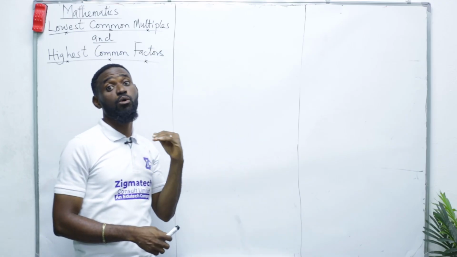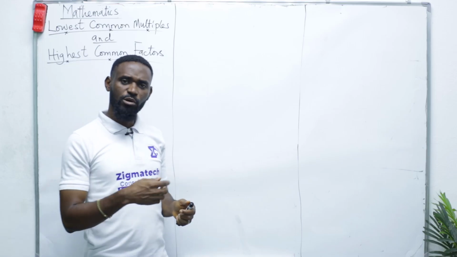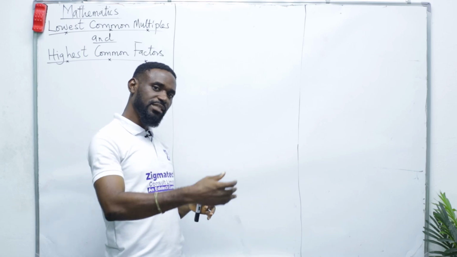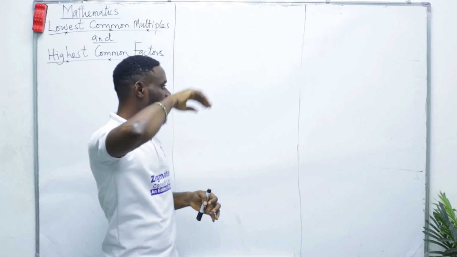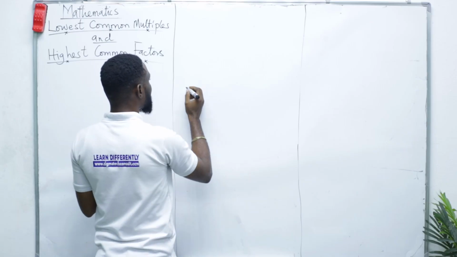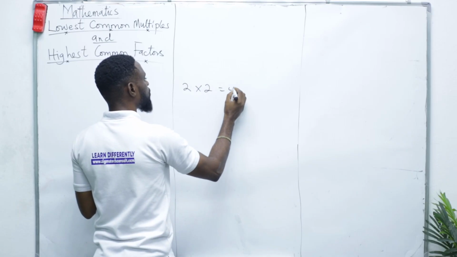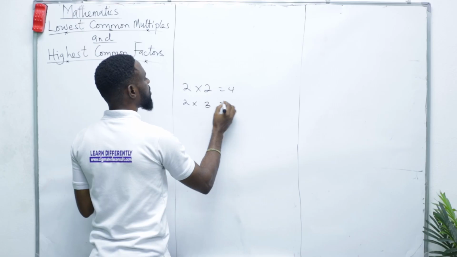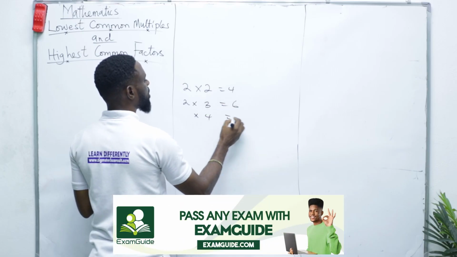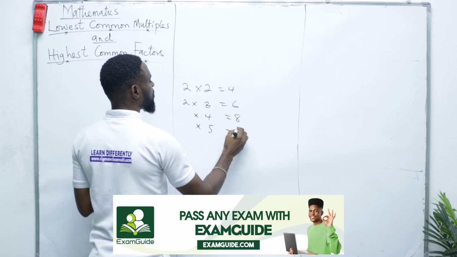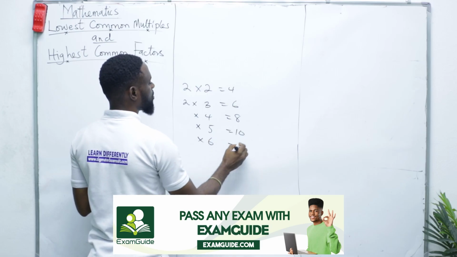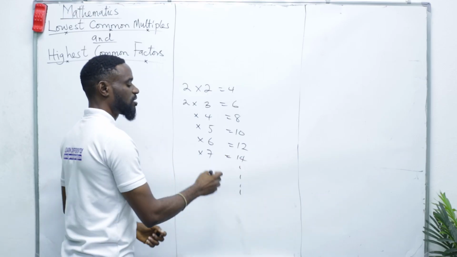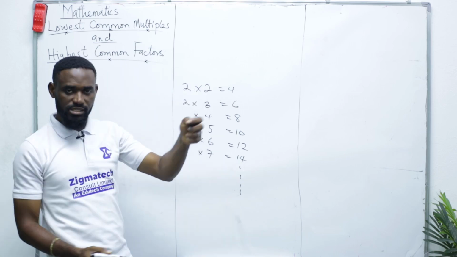You know multiplication of numbers, like 2 times 2 is 4, times 2 is 8, times 2 is 16. So 2 times 3 is 6, times 4 is 8, times 5 is 10, times 6 is 12, times 7 is 14, and so on: 14, 16, 18, 20.